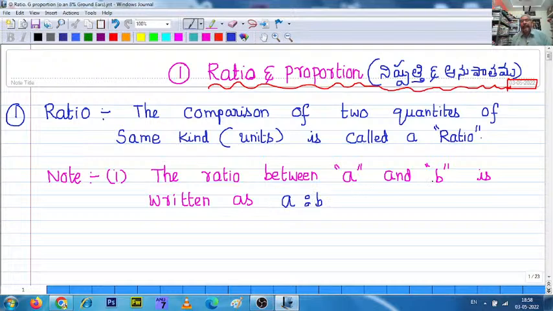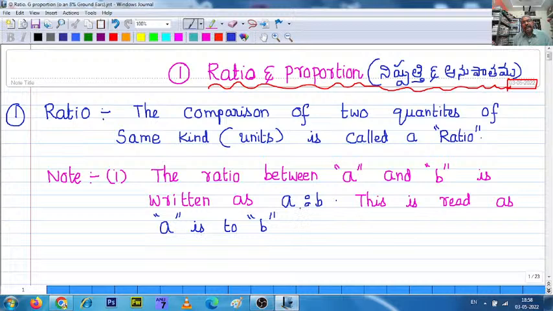Between A and B, where A and B are of the same kind and possess the same units. And it's very important how to read this. This is read as A is to B. The two dots we need to read as "is to".